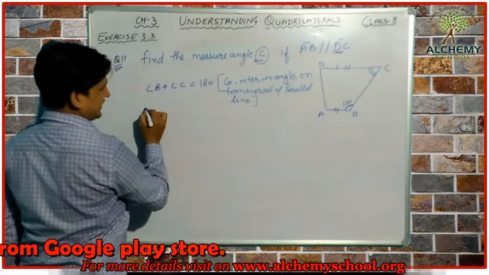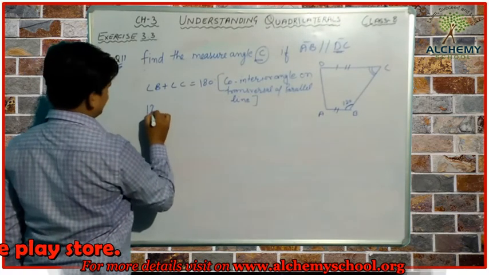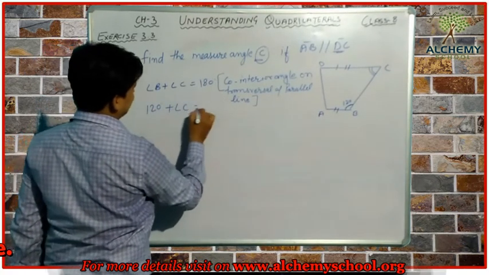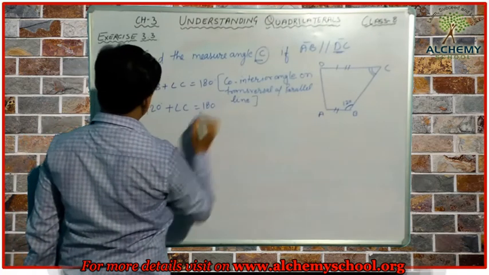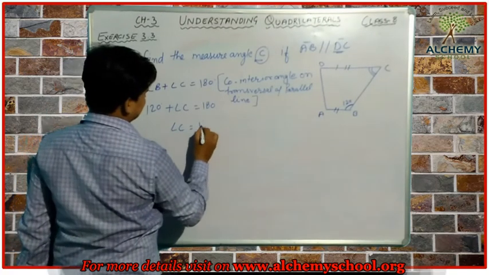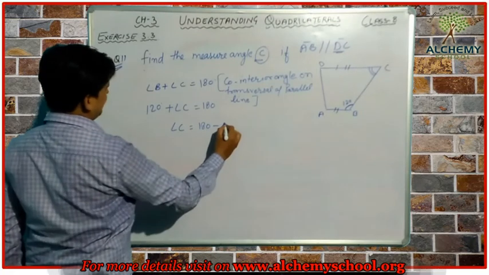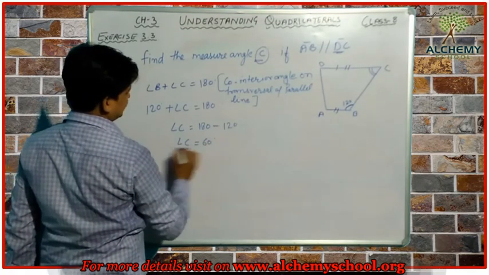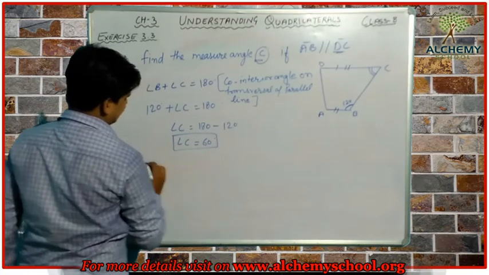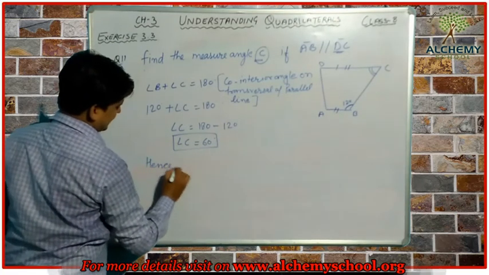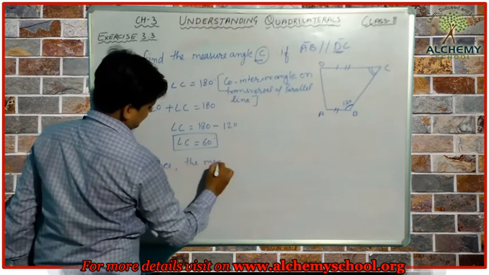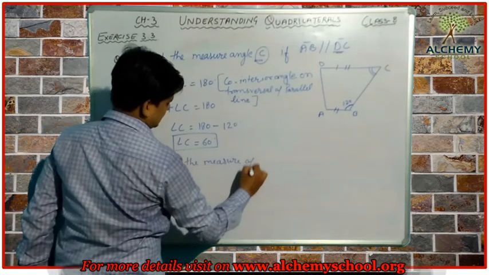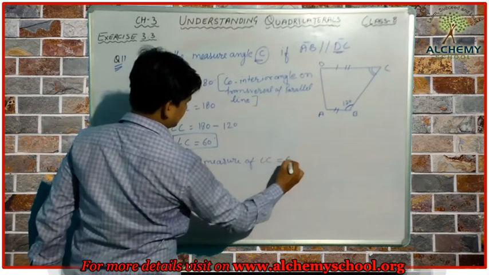So now we can write angle B is 120 degree plus angle C is equal to 180 degree. So angle C is equal to 180 minus 120 degree. So angle C is equal to 60 degree. So hence the measure of angle C is equal to 60 degree.